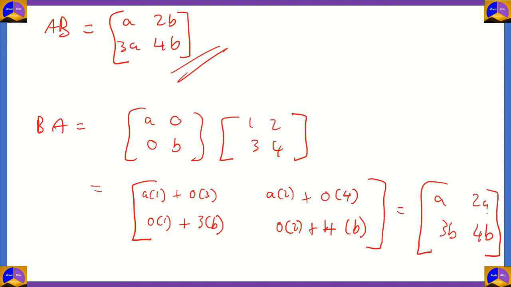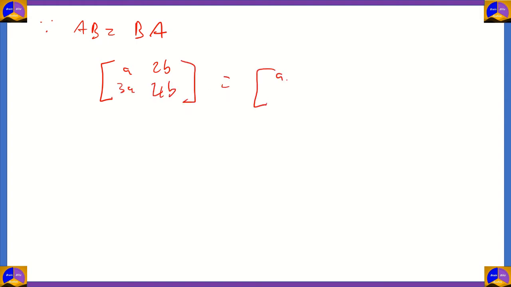Now we know that the matrices AB and BA are equal because in all the four options that is taken as a precondition, so we can safely assume that it's true. So since AB equals BA, if we compare the matrices, a, 2b, 3a, 4b is equal to the other matrix, that is a, 2a, 3b, and then 4b.